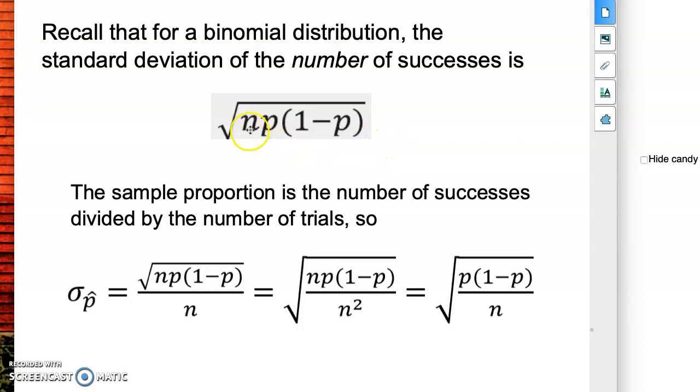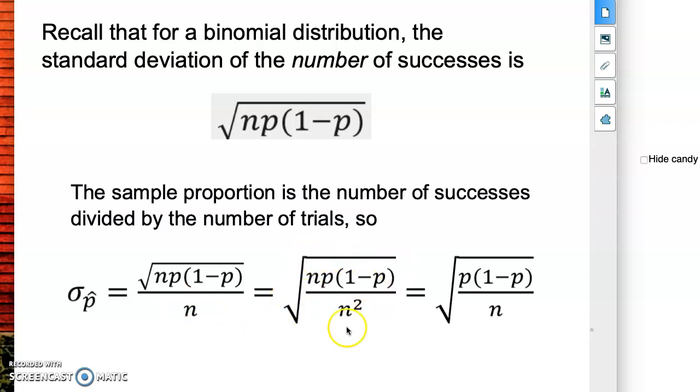Notice that it's dependent upon two things, the number of trials and the probability of success. The sample proportion is the number of successes divided by the number of trials. So we just divide this formula by n, we get this, and then we're going to manipulate this a little bit by putting this n inside the radical by squaring it.